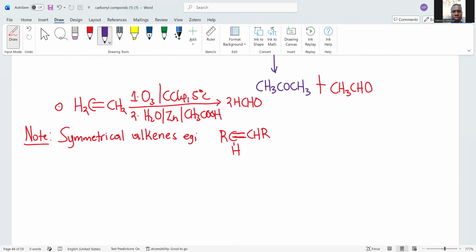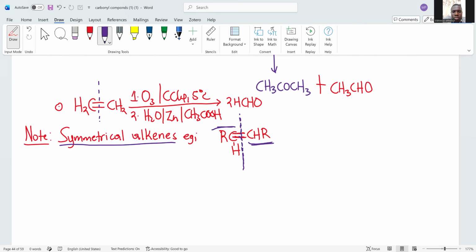That line you can see in pink. When you draw a line of symmetry through the double bond, what is on the right-hand side is the same as what is on the left-hand side, like ethene. Ethene is symmetric. So that alkene is called a symmetric alkene.